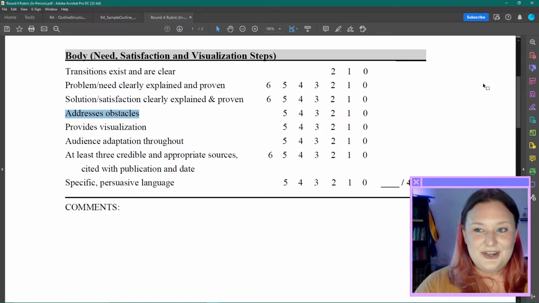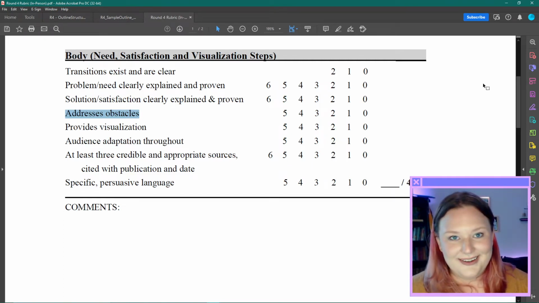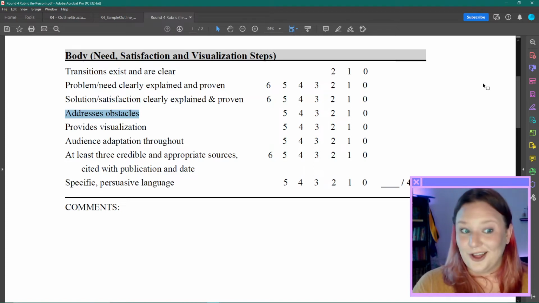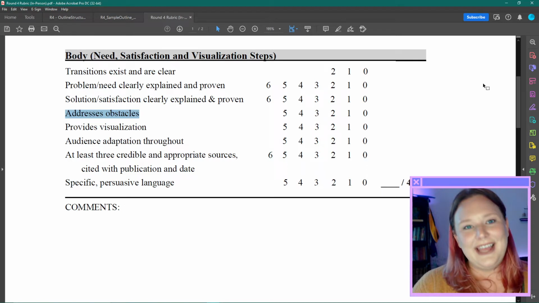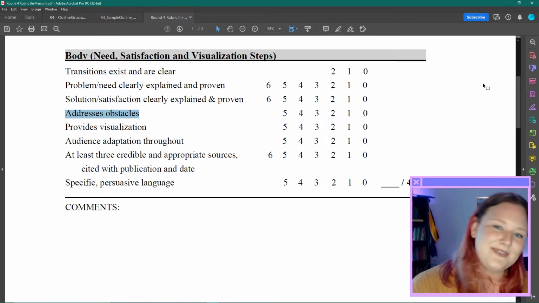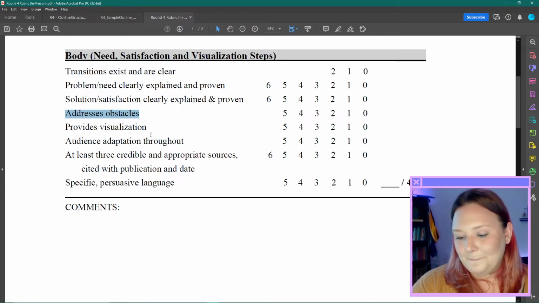It's not enough to say, that's not really an issue, moving on. You'll need to at least acknowledge that, yes, some people may think this is an obstacle, and then offer us some ways around it, some solutions, some alternatives, or convince us otherwise.